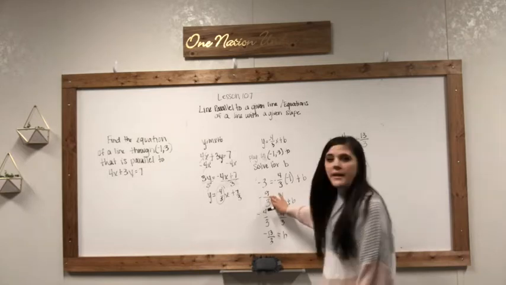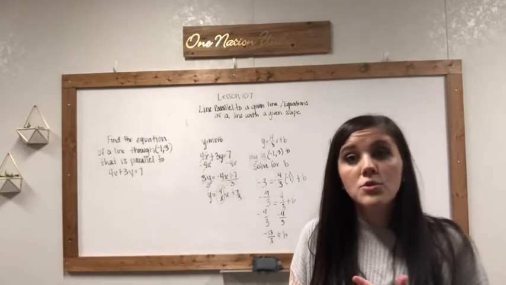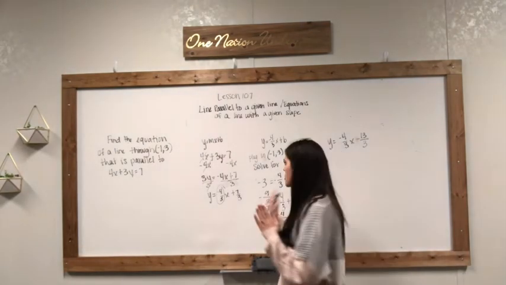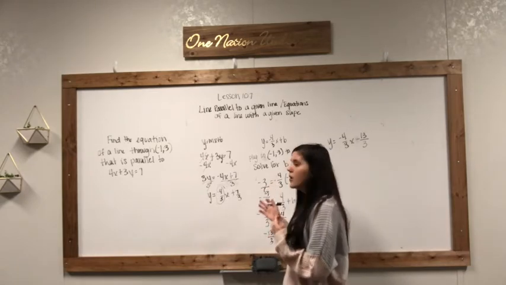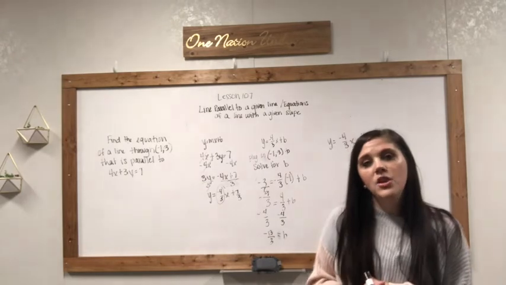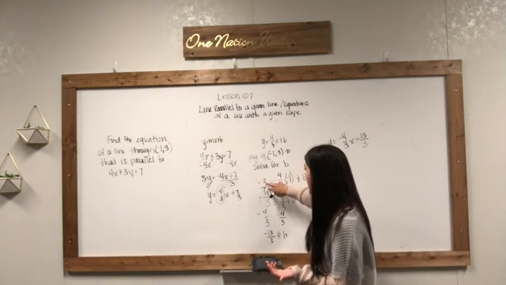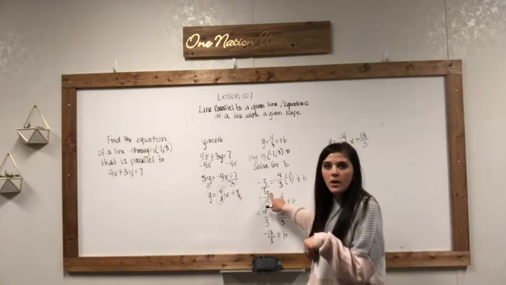Remember that when you are subtracting with fractions, you have to have a common denominator. So I went ahead and found the common denominator. You would put the -3 over 1, and then you would multiply both the numerator and the denominator by the same thing in order to get a common denominator.